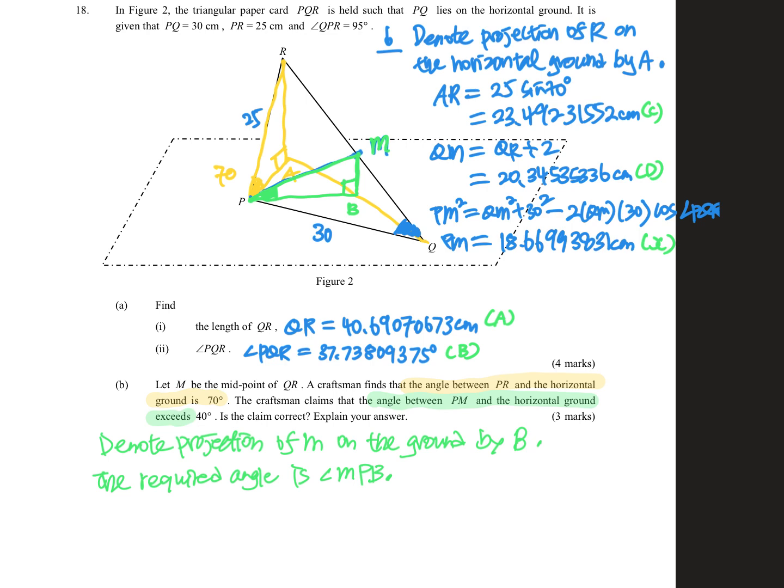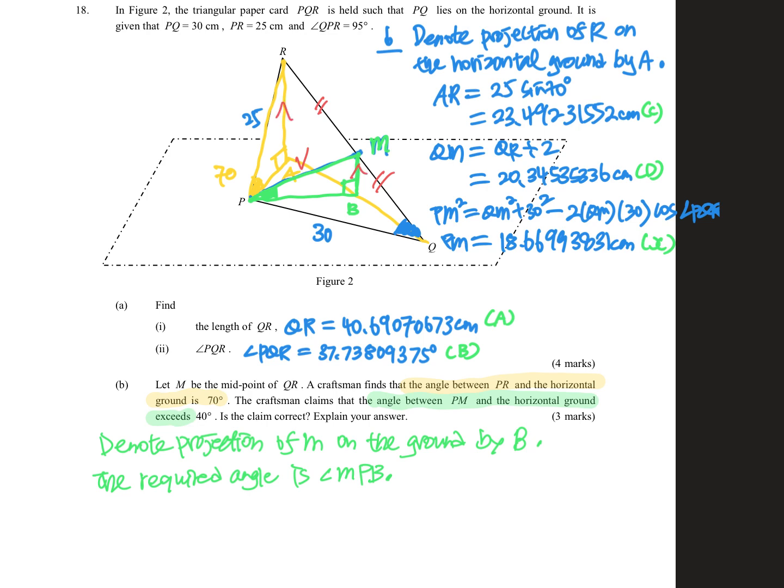For this triangle, do we have BM? Oh, not yet. We have just found PM, right? So we need to find BM. How to find BM? Because M is the midpoint, of course PA is parallel to BM.